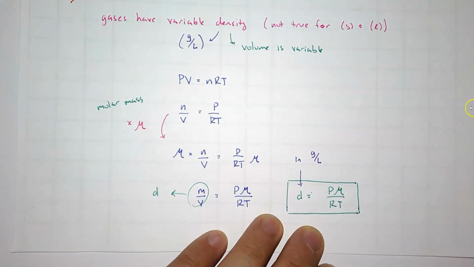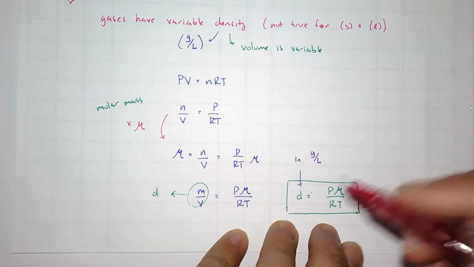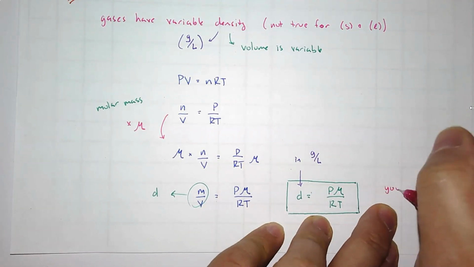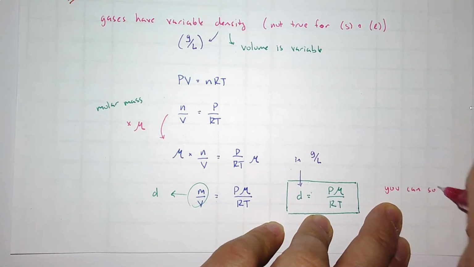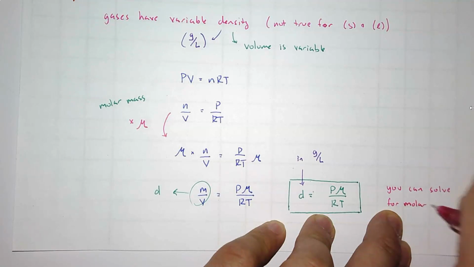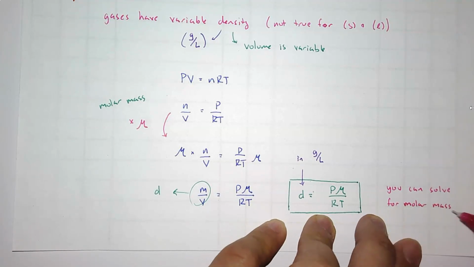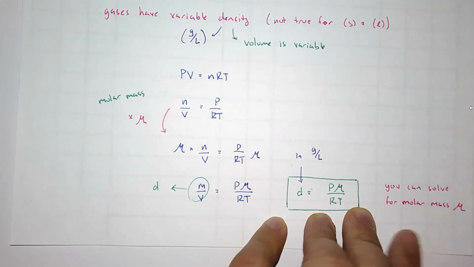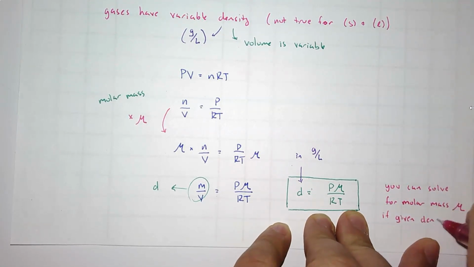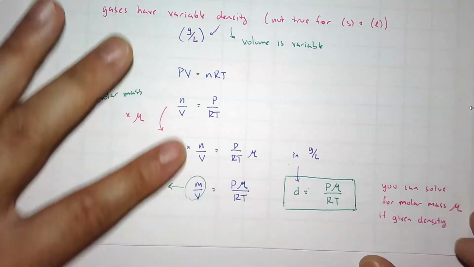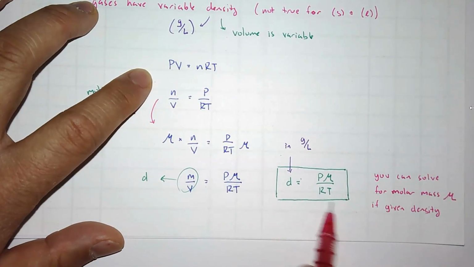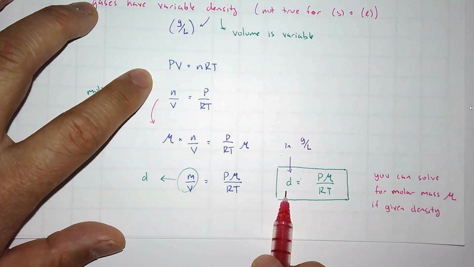That's how to figure out density if you know the molar mass. But also, you can solve for molar mass, which is that fancy M, if given density. So it works both ways. You could figure out density if given molar mass, or figure out molar mass if you're given the density of a gas.